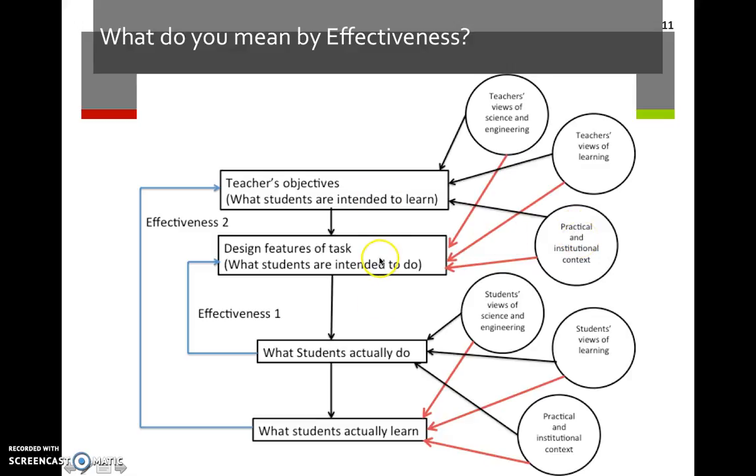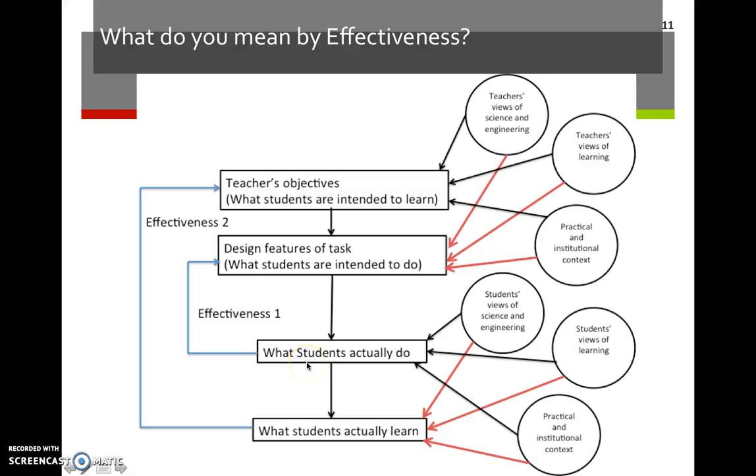Now, how do we match this? Effectiveness 1 means the tasks are designed such that the students actually do what they are intended to do, that is the teachers' and students' views match. Similarly, effectiveness 2 means what students actually learn and what they are intended to learn according to the teachers is again matching.